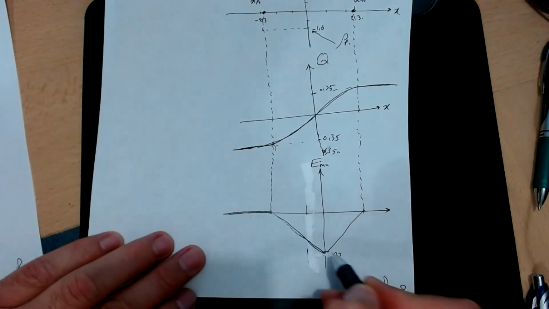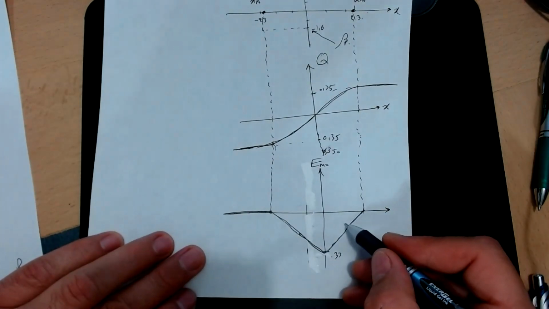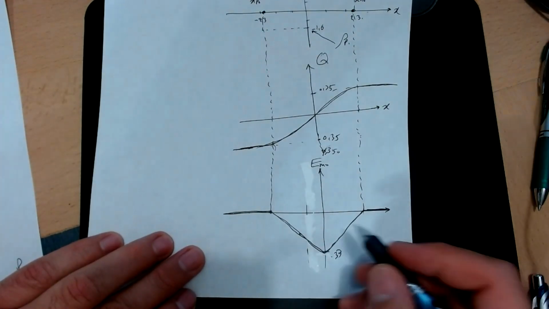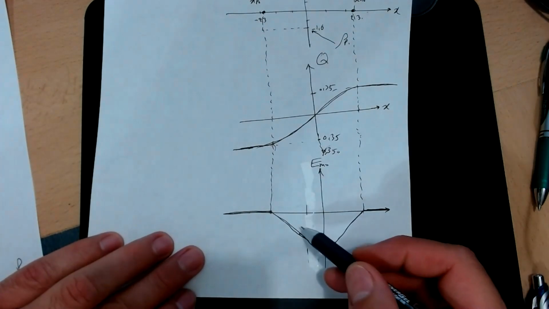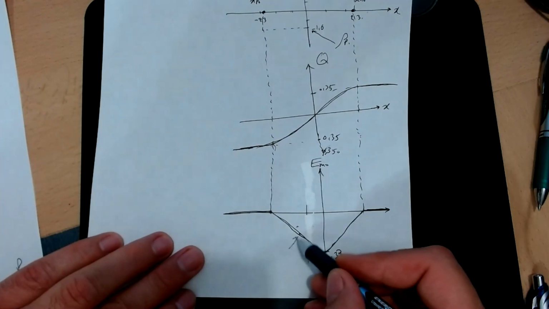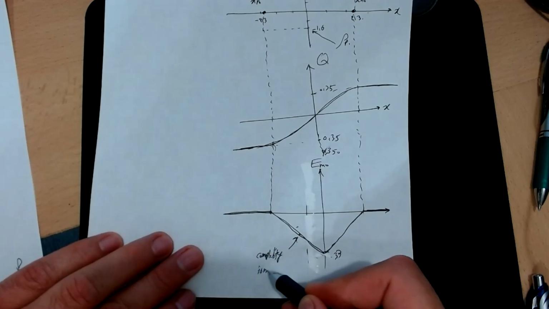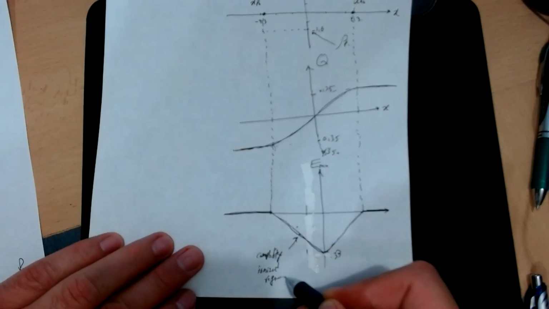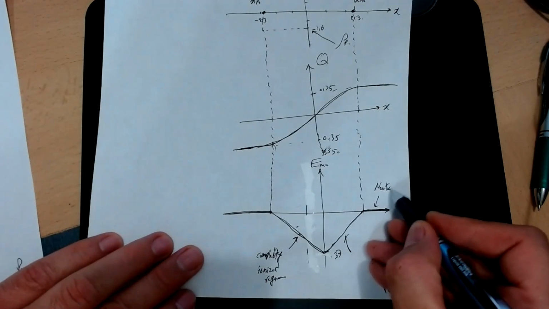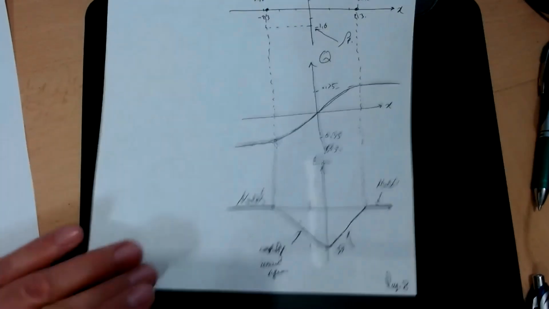The charge goes down due to the negative in the positive, and this goes up due to the positive in the negative. Usually this is what we call a completely ionized region, and also this is completely ionized. This is neutral, and this is neutral. We're not talking about the partially ionized region.